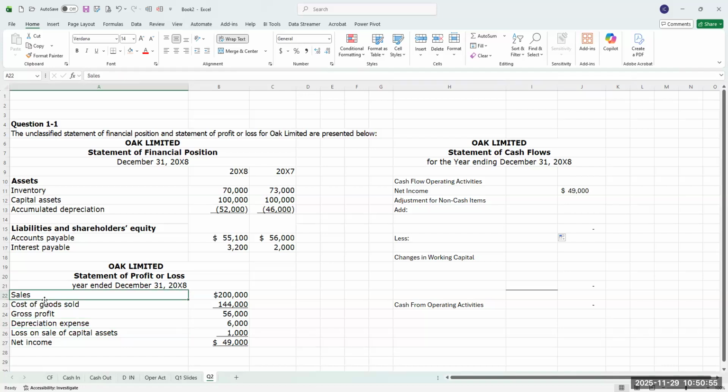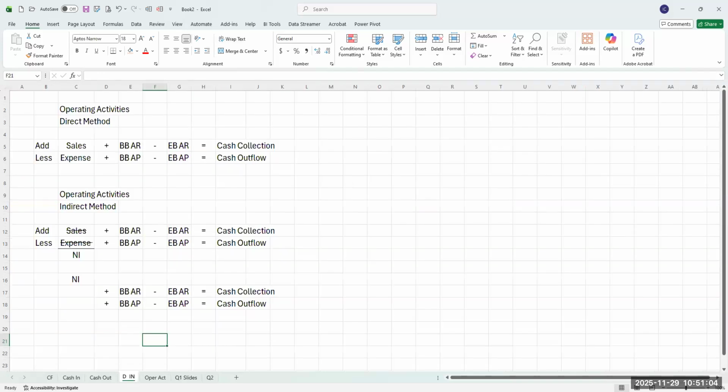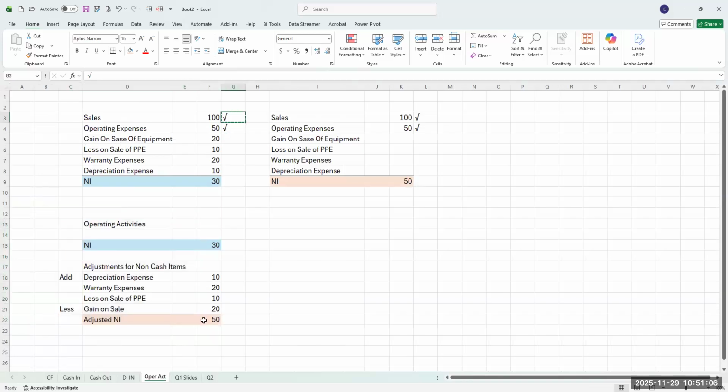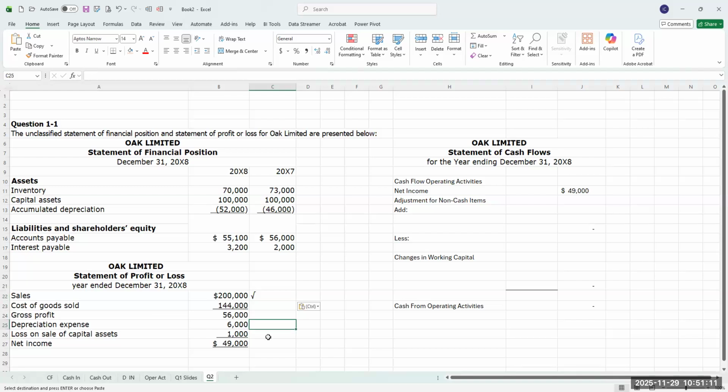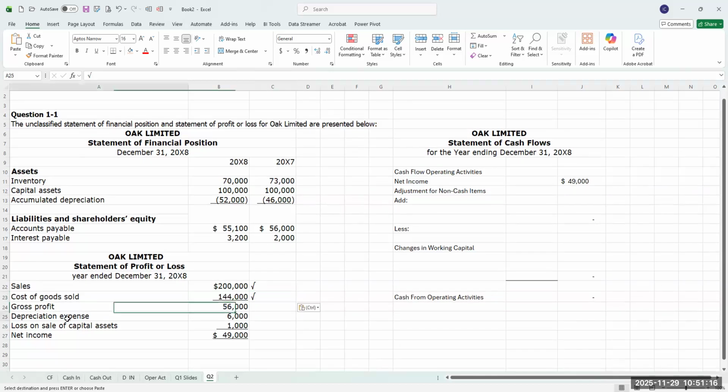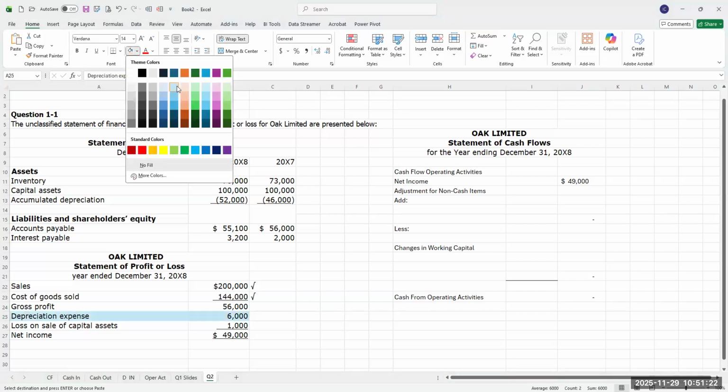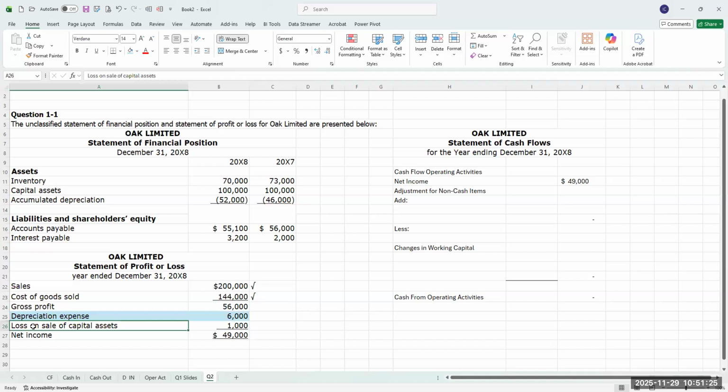We start with sales, usually a cash item, that's clear. Let me find that tick here, and let's tick one after another. Sales are okay, cash. Next one, cost of goods sold, that's also okay, check. Next one, depreciation expense. Well, depreciation expense is a non-cash item. Loss on sale is also a non-cash item.